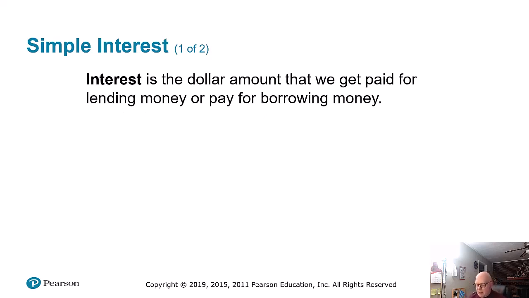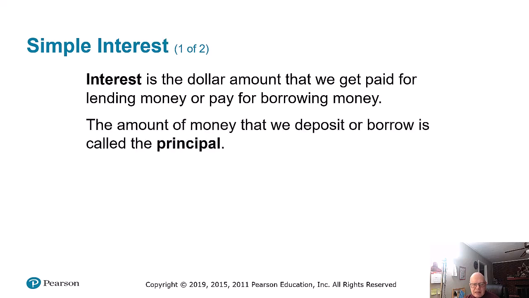Interest. You probably have a good idea what this is. It's the dollar amount. It doesn't have to be dollars either. It could be euros or something else. But most of us are in the US, and we get paid for lending money or pay for borrowing money. So it's that extra amount on top of what we're borrowing or lending that's the interest.